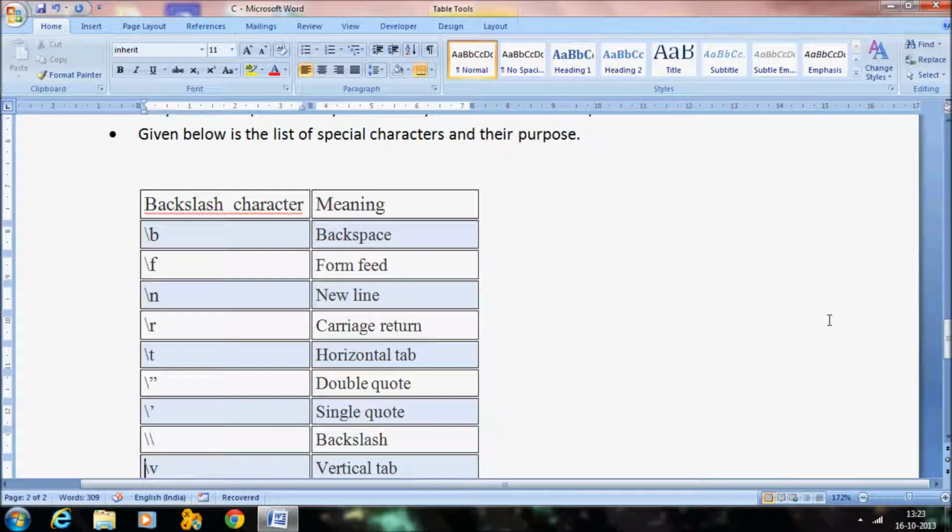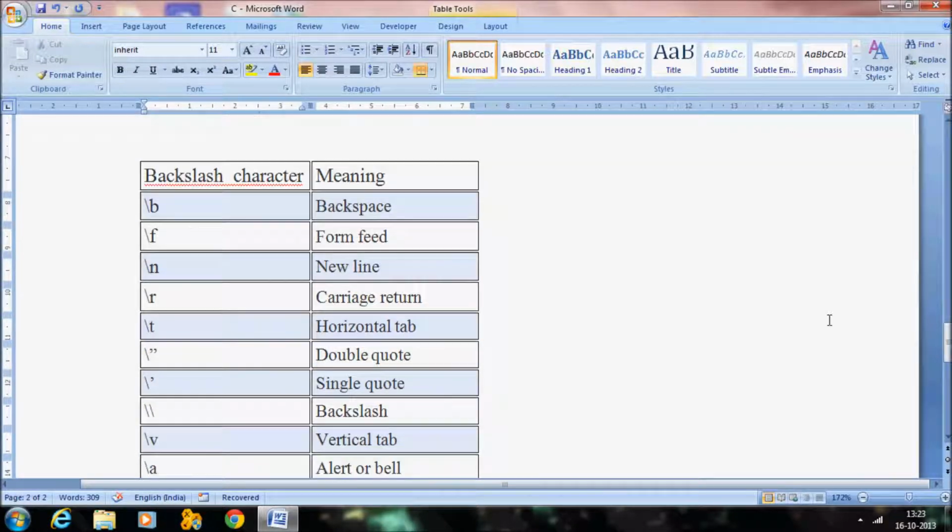Here is a list of special characters and their purpose. That is \b, the meaning is backspace. These are backslash characters we use in the C program. That is \f, which is form feed. This is \n. We always use this \n in order to print the statement on the next line, that is a new line.